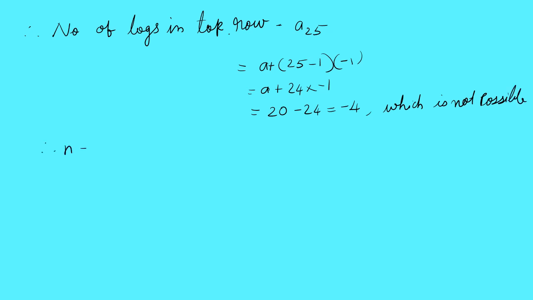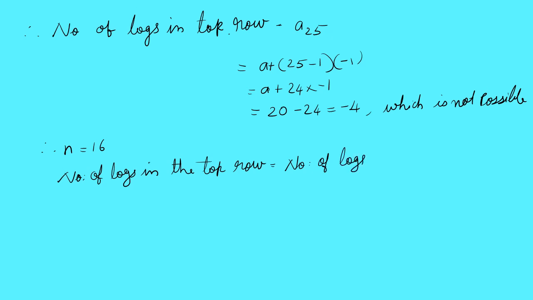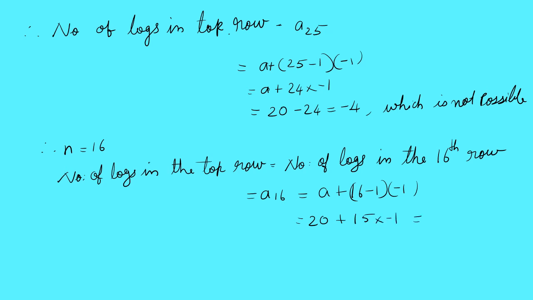Therefore, n equal to 16. Number of logs in the top row is equal to the number of logs in the 16th row, that is equal to a16, that is a plus (n minus 1) d, that is a plus (16 minus 1) into d. d is minus 1, that is 20 plus 15 multiplied by minus 1, that is 20 minus 15, that is equal to 5.